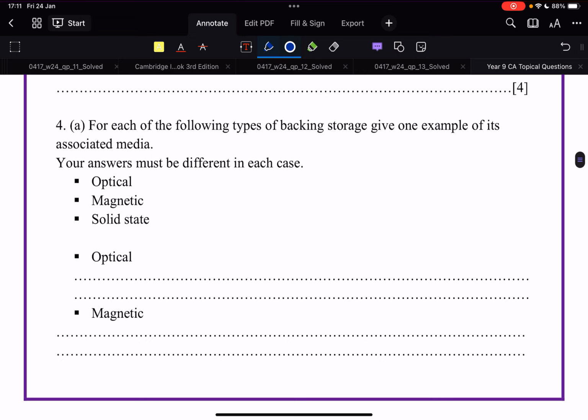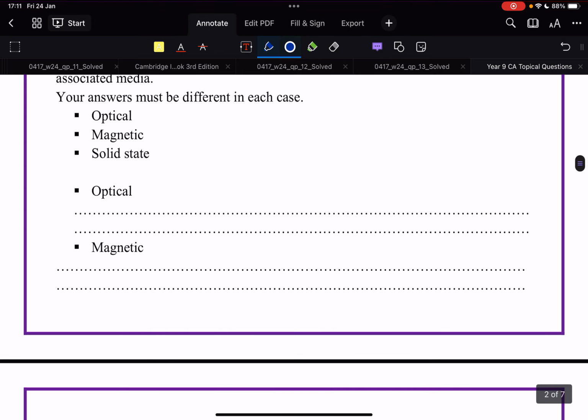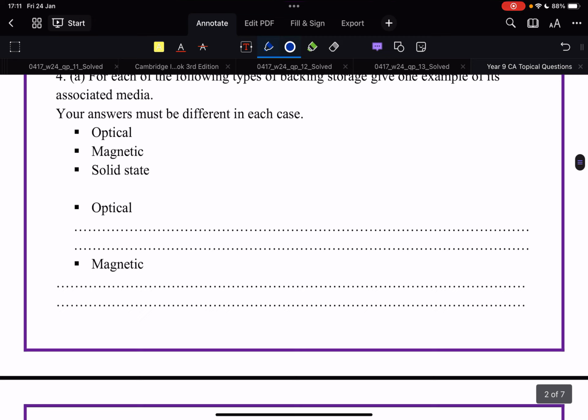For each of the following types of backing storage, give one example of its associated media. Your answer must be different in each case. So what's the total mark? This is 3 marks. So for optical, what are the examples here? We have compact discs, you can also put it as CD.